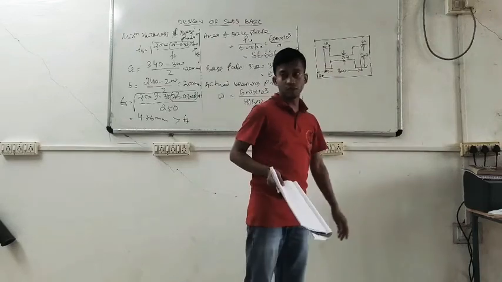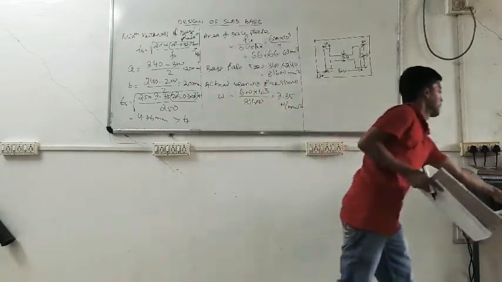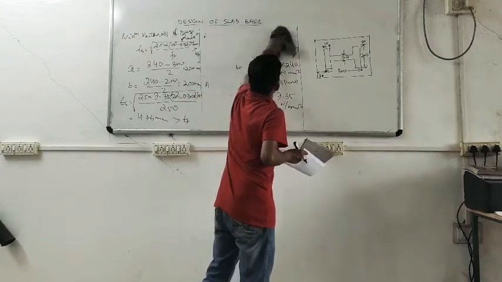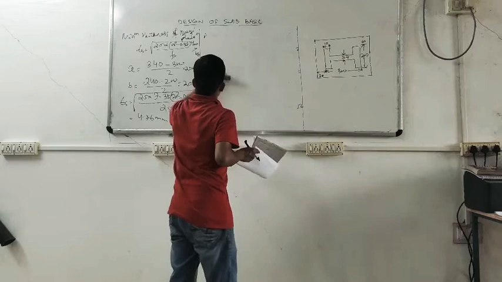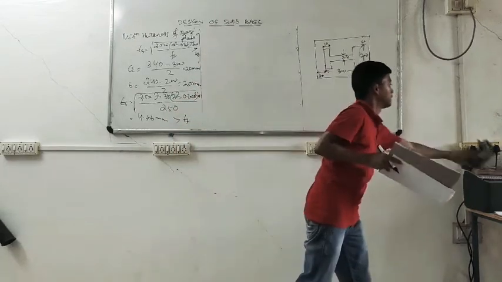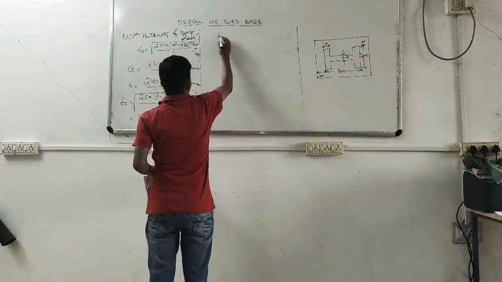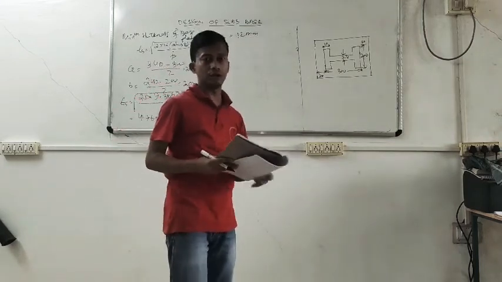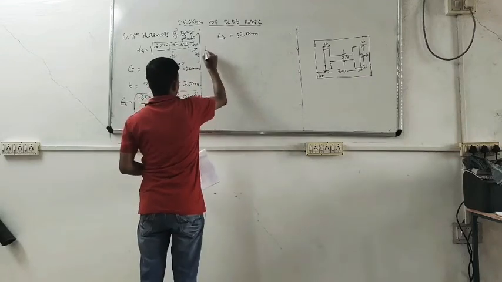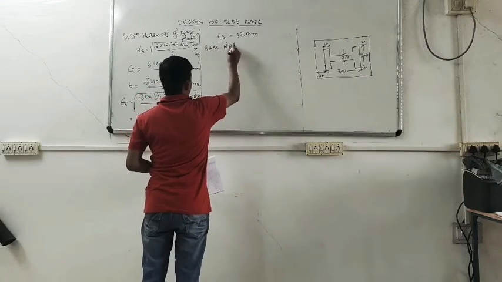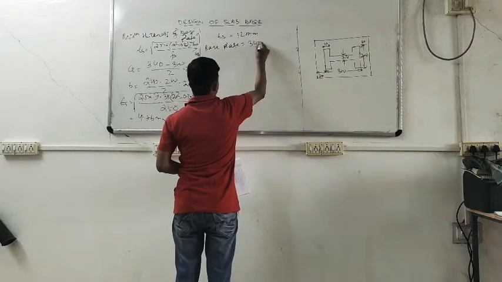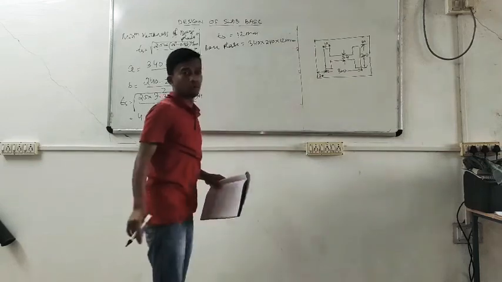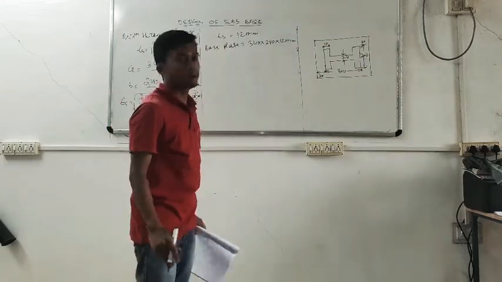Okay, so we can assume that thickness, take thickness ts equals 12 mm, or you can take also 10 mm. Okay, so our base plate becomes length 340, breadth 240, and thickness is 12 mm. Okay, so this is the size of the base plate.